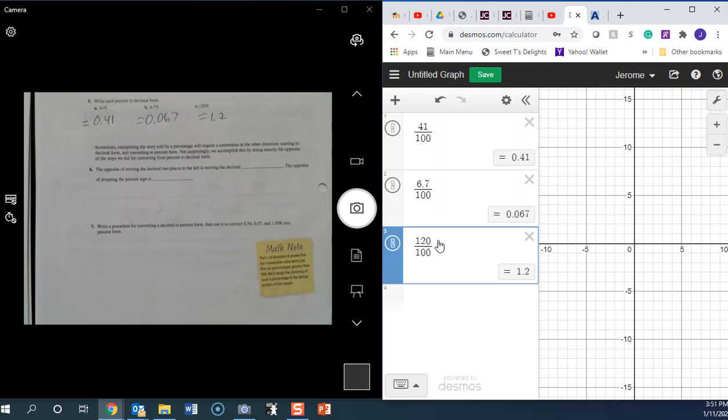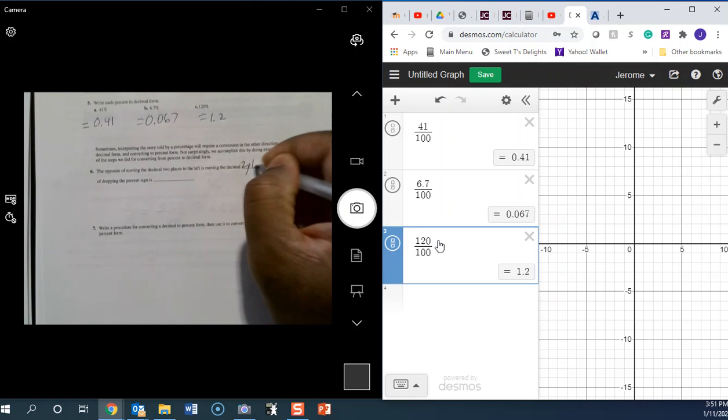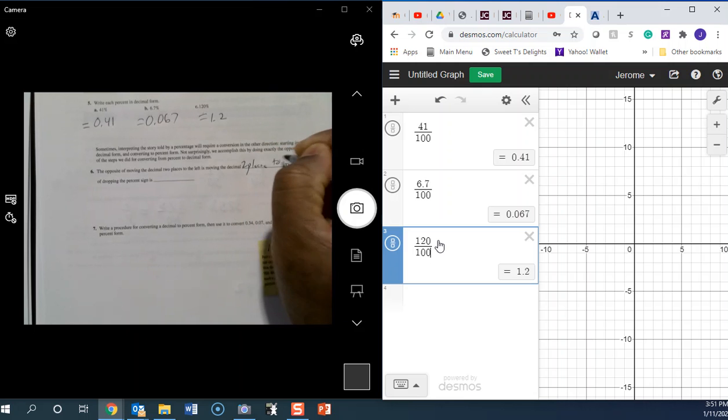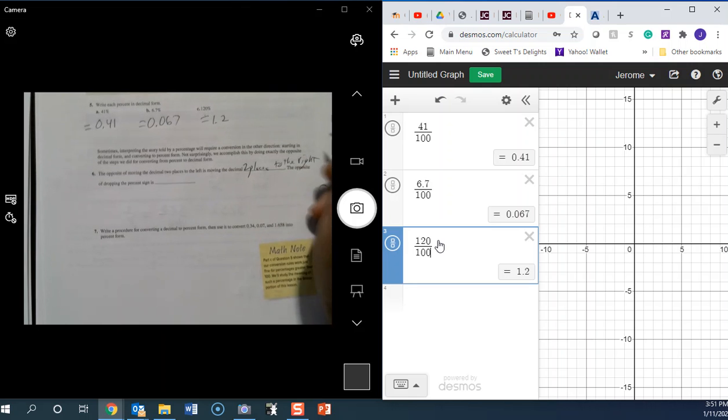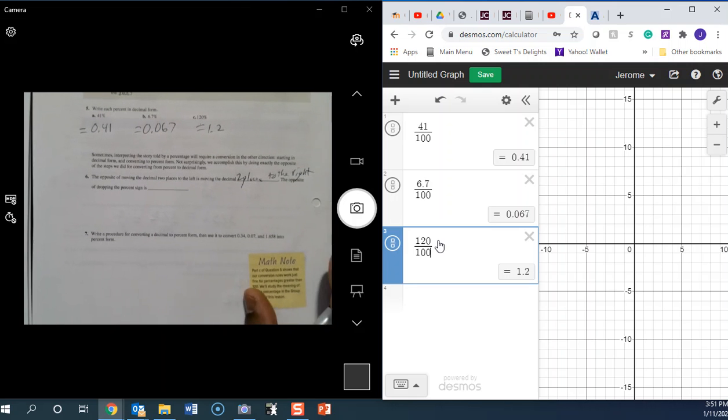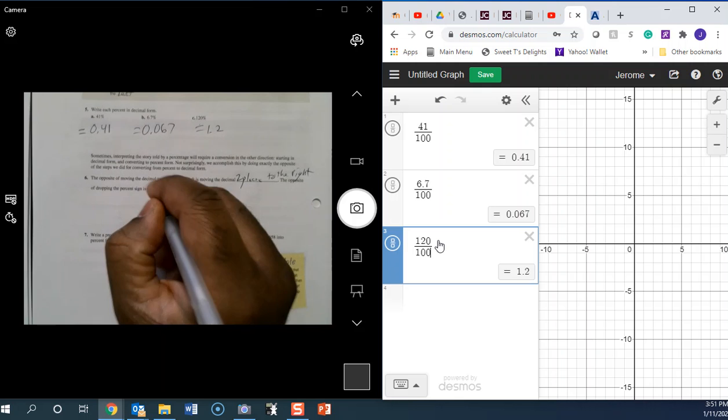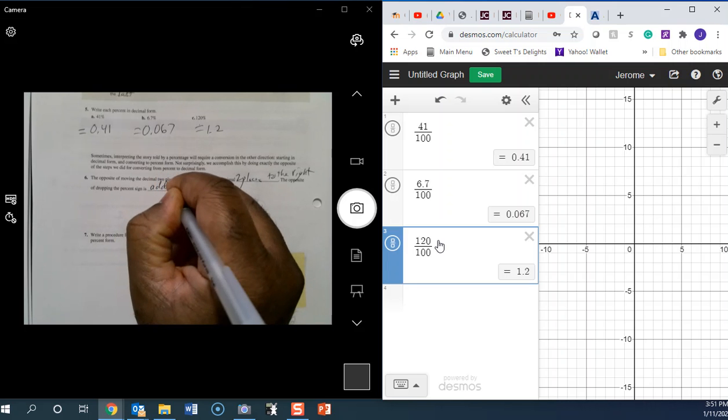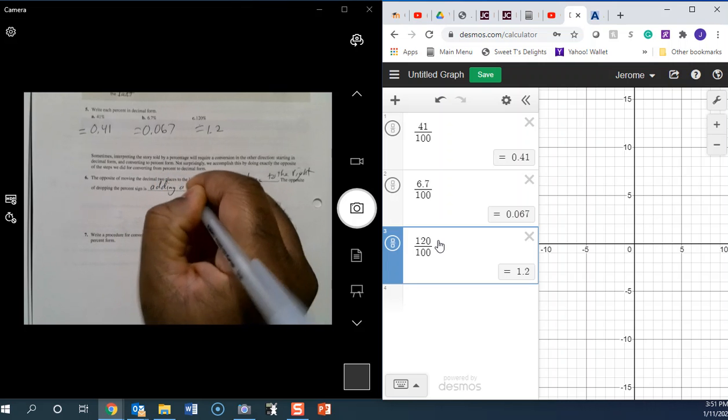The opposite of moving a decimal 2 places to the left is moving the decimal 2 places to the right. They did not give us enough room to write in that blank. The opposite of dropping a percent sign is adding a percent sign.